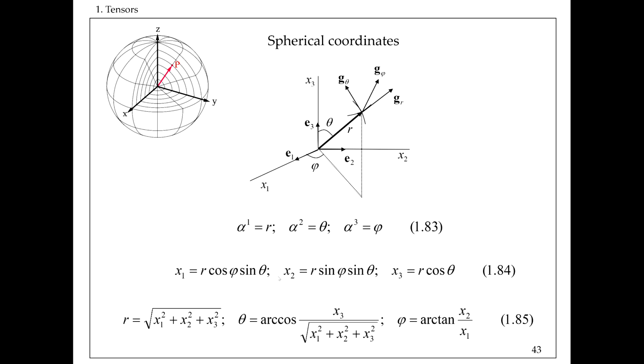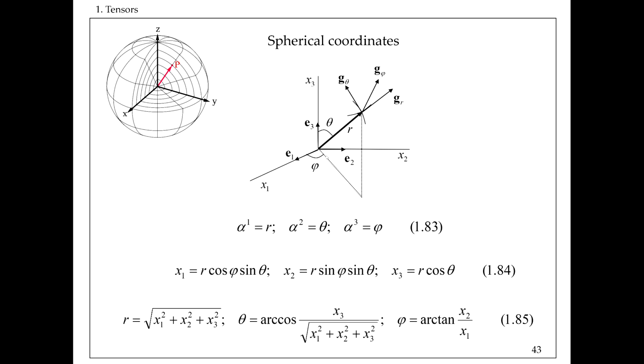For the angle theta, there is a component x3, the projection here, and you divide it by the length of that vector, r. Then you obtain cosine theta, and you can calculate theta by taking the arc cosine of x3 divided by the length of r.